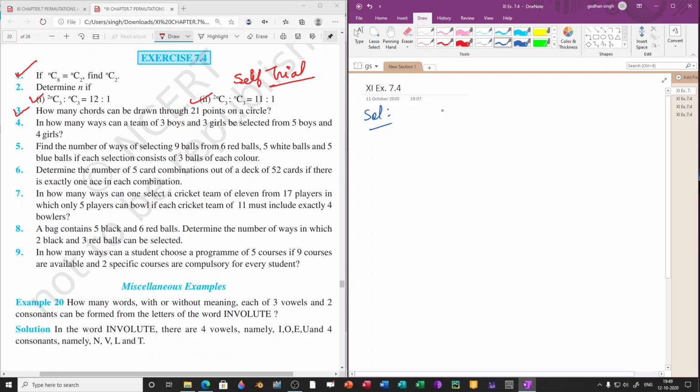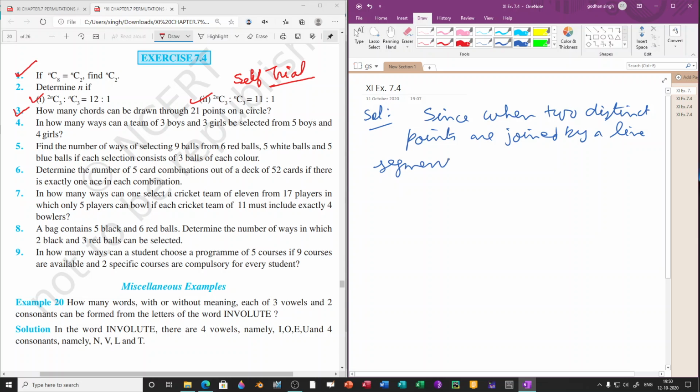So now solving question number 3, since when two distinct points are joined by a line segment in a circle, we get a chord.